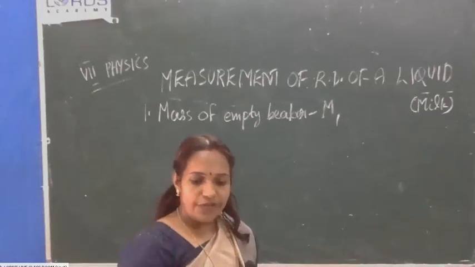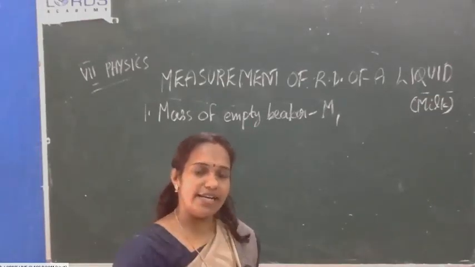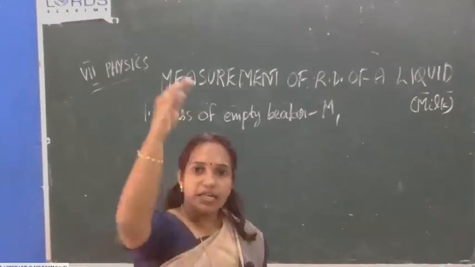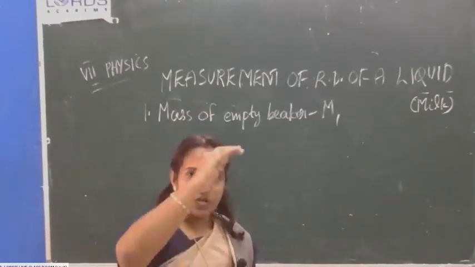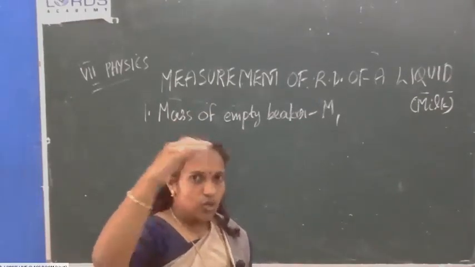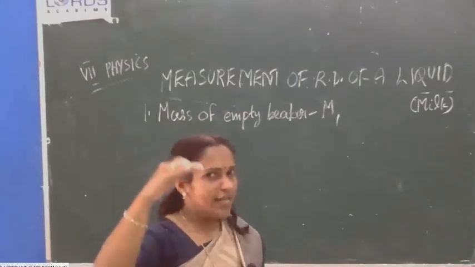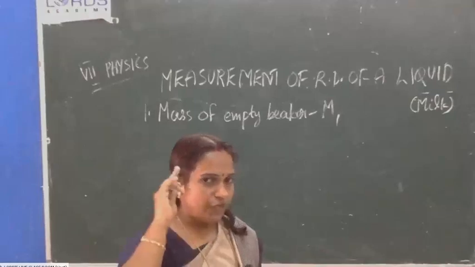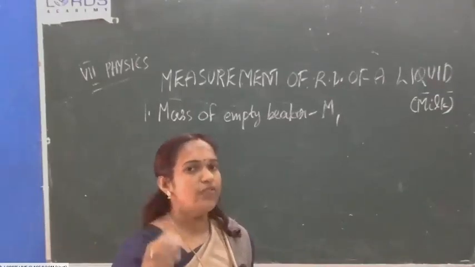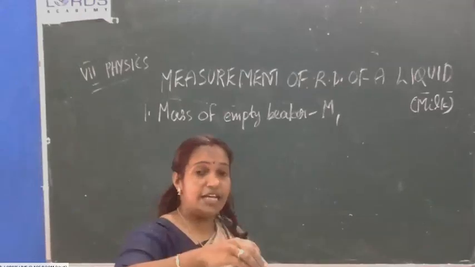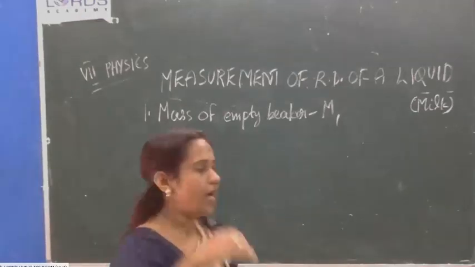If you want only 100 milliliter of milk, what you have to do? In the measuring beaker you have readings, isn't it? So you have to stop pouring milk at 100 ml. Just pour milk into the measuring beaker till 100 ml.